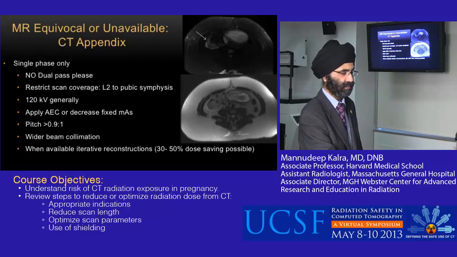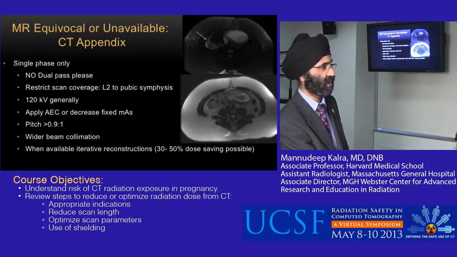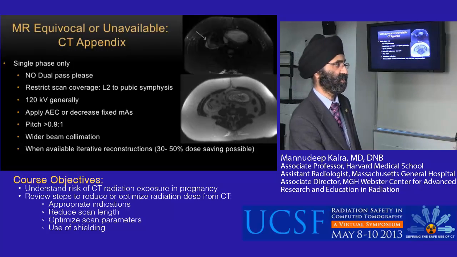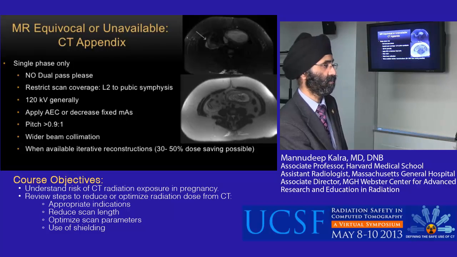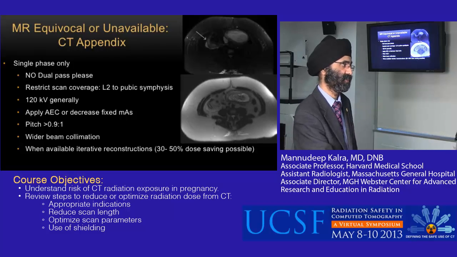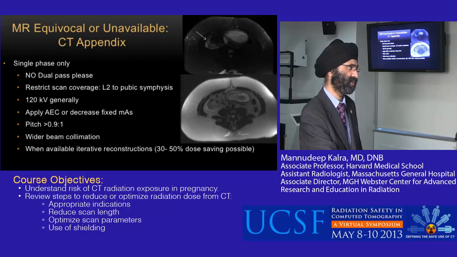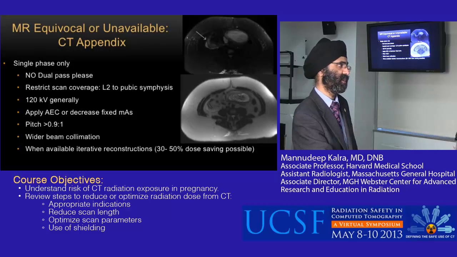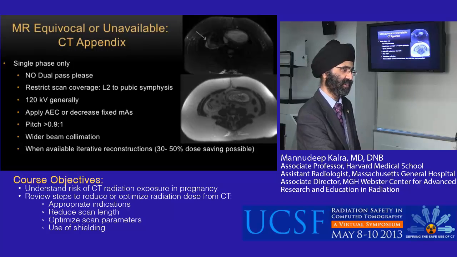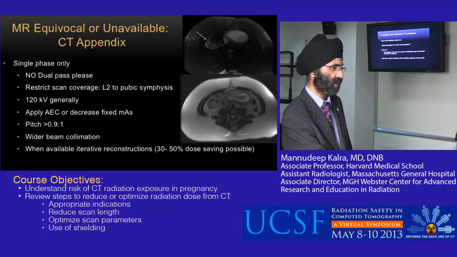A non-overlapping pitch, or at least a pitch of 0.9 or higher, should be used. And again, since we are going to be scanning across a wider scan length, we should be using a wider beam collimation because that's more dose efficient when you are scanning over a wider scan length. And again, iterative reconstruction techniques can help significantly reduce the radiation dose and should be used when they are available.